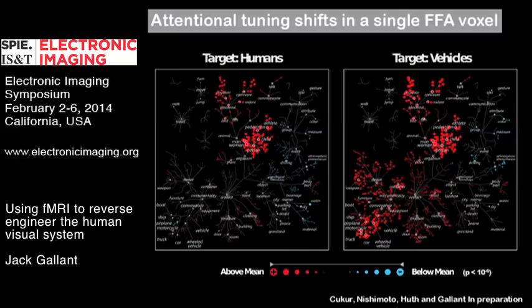This is one individual voxel when people are watching the movies and we ask them to pay attention to humans or pay attention to vehicles. You can see when they pay attention to humans, we get bold activity elicited by faces of people and animals. But when they pay attention to vehicles, although we still get face-related activity, we also now end up with a bunch of activity related to vehicles that we didn't have before. So the tuning curves are actually shifting.